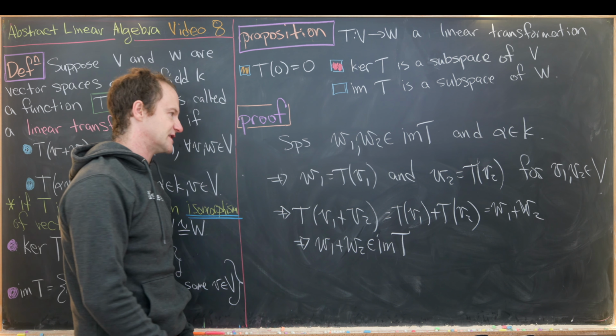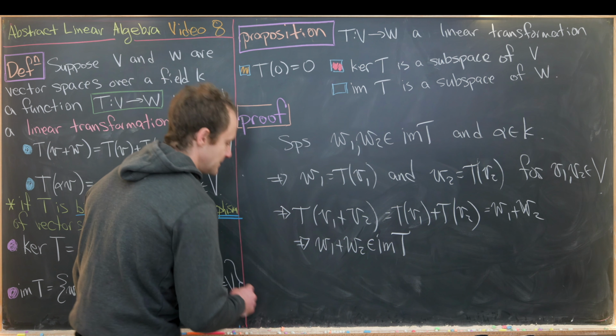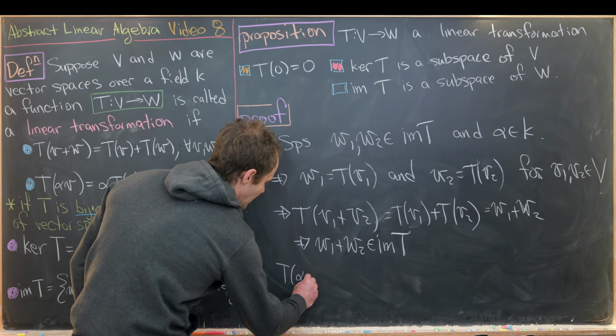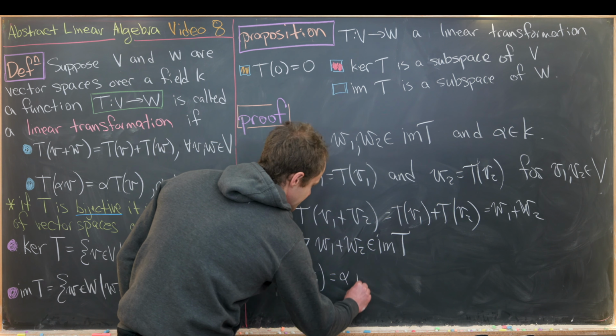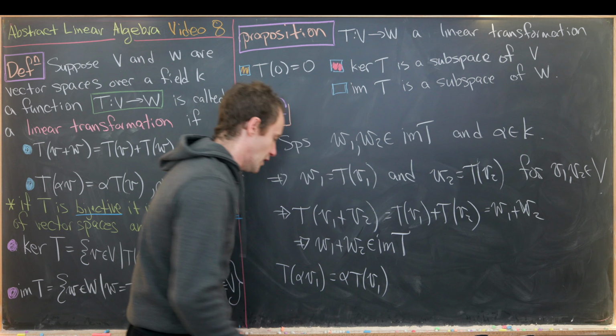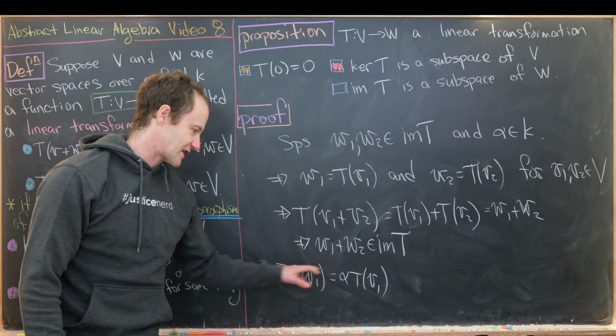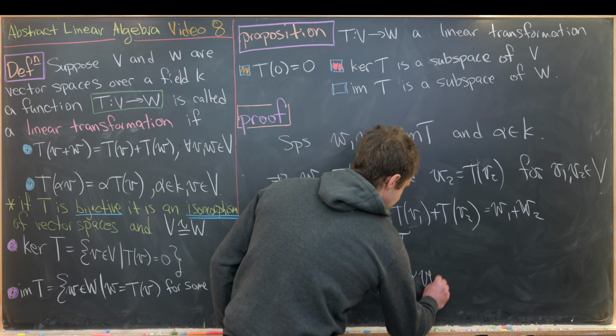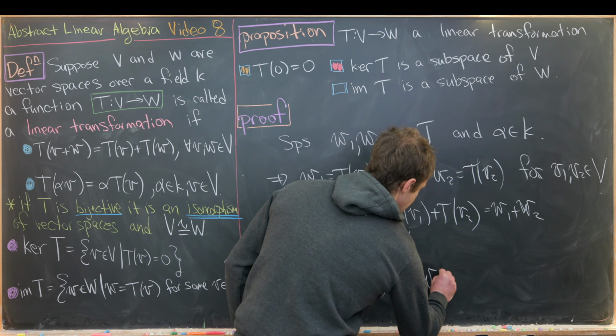Now let's show that it's closed under scalar multiplication. And we'll do that maybe by noticing that T of alpha v1 is equal to alpha T of v1, again because we can factor scalars out of linear transformations, but that's exactly alpha w1.